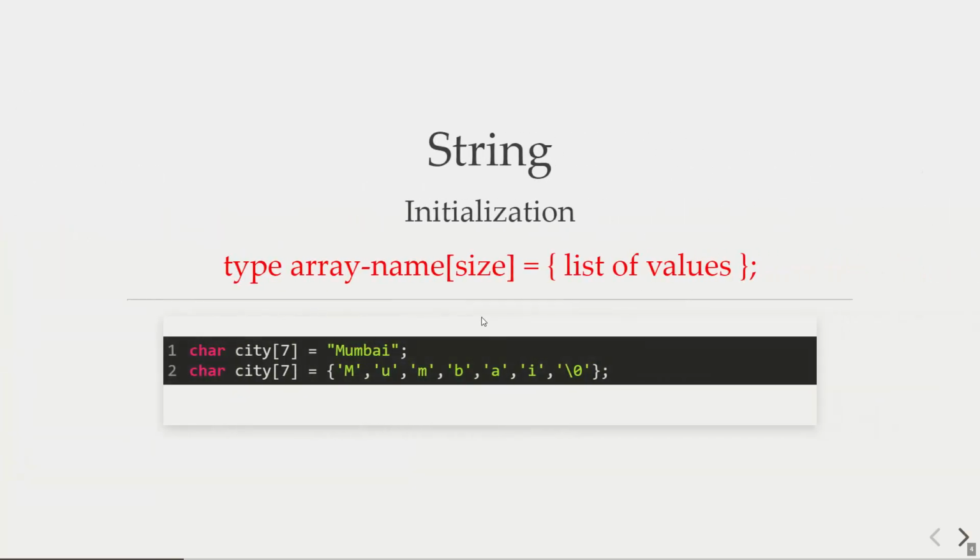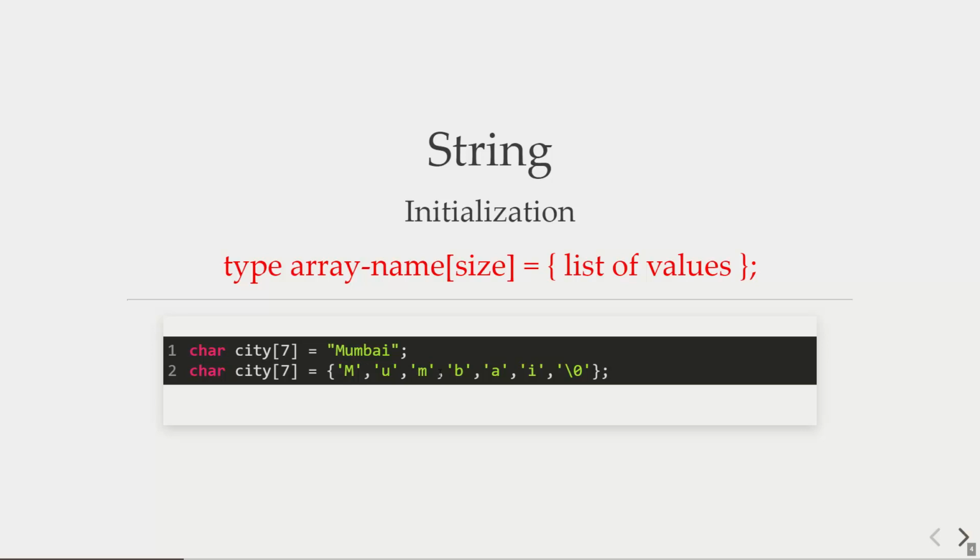Now, how to initialize a string with some default value. Since it is an array, the way we initialize is similar to the way we initialize other arrays. Look at the second line. This is the way we initialize the integer and the float data type, simply using curly braces.